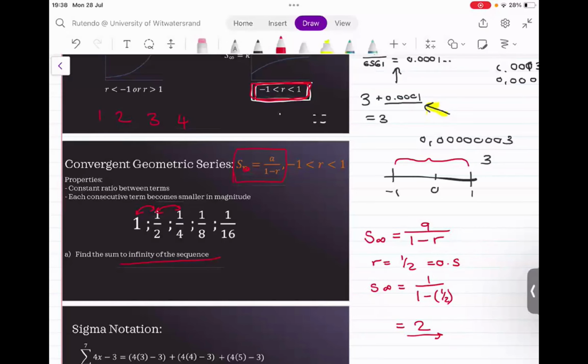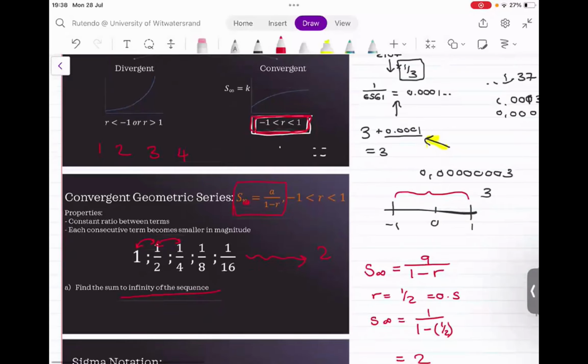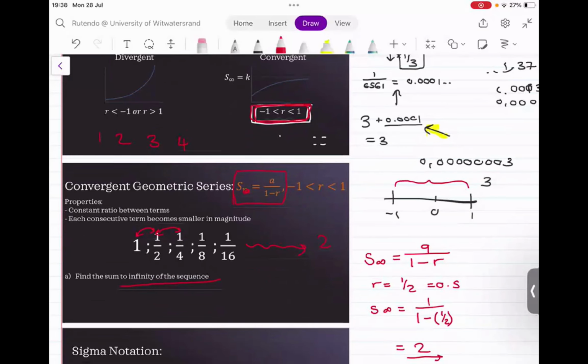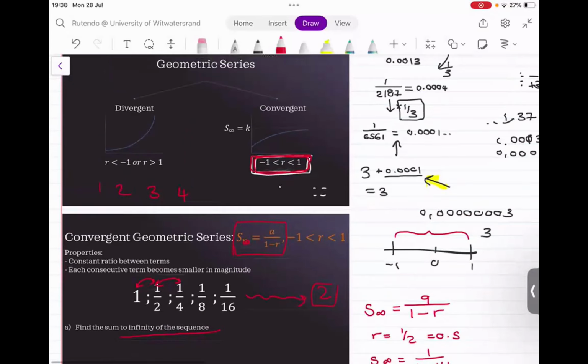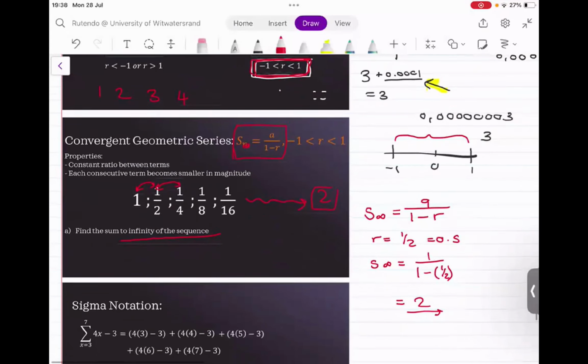So no matter how many terms you add to this, it's going to end up being just 2. So this is called a converging series because it goes to a certain number, which is 2. A divergent series wouldn't go to a certain number. It just keeps getting bigger and bigger and bigger.